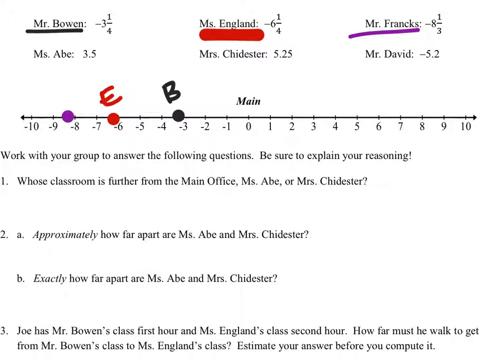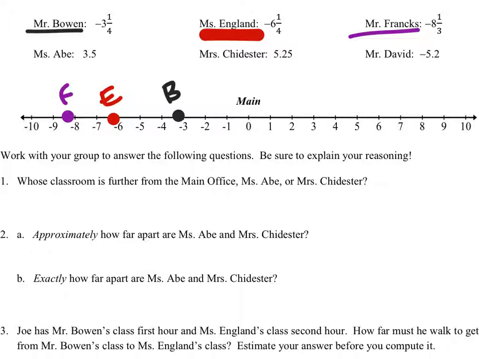Now, some of you guys look at that and think to yourself, that is so close to negative 8 1/4. Well, that's because of the number line. We already talked about how they're so close together. It's hard to tell where the difference between 1/3 and 1/4 is on this type of number line. Now let's go ahead and label this up in here. Franck. So far, so good.